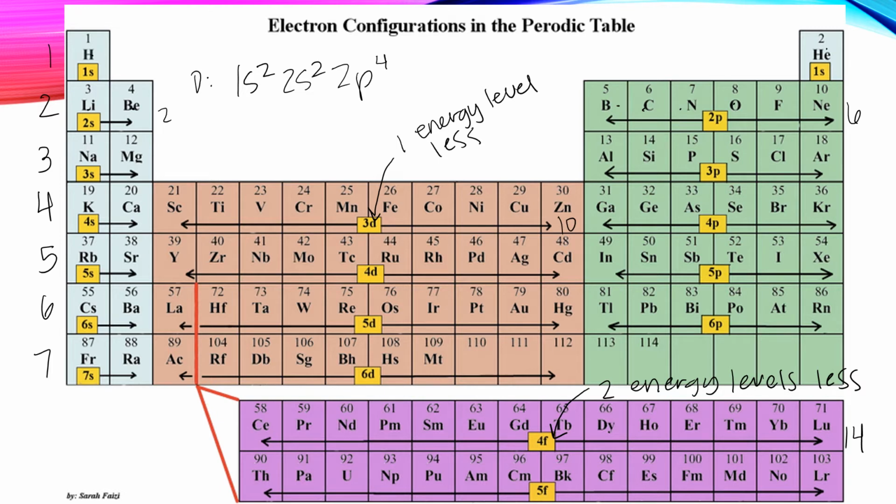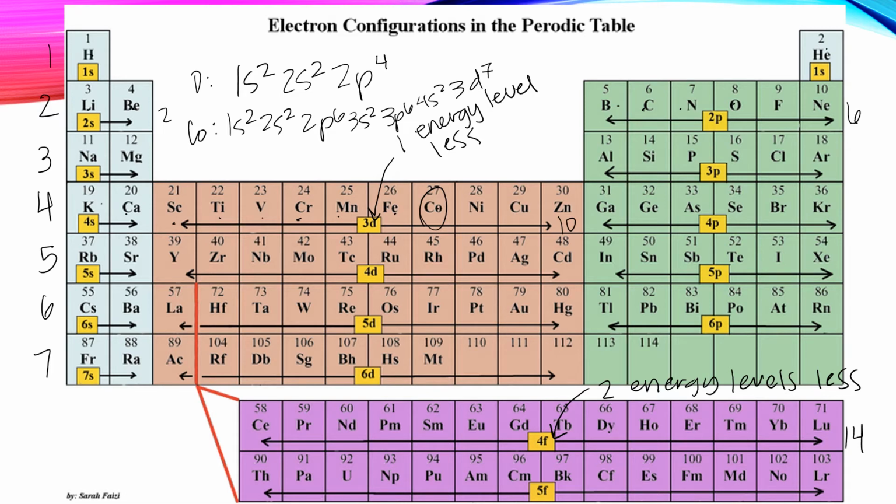If we want to do one with a d orbital, let's say cobalt, we're going to have 1s2, 2s2, 2p6, 3s2, 3p6, 4s2, and then 3d, 1, 2, 3, 4, 5, 6, 7. So 3d7.